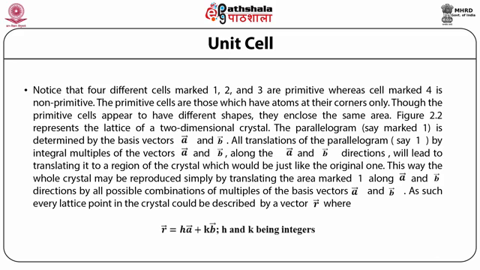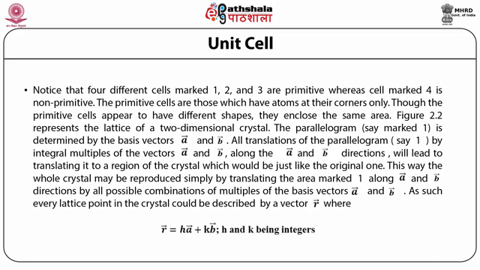This way, the whole crystal may be reproduced simply by translating the area marked 1 along A and B directions by all possible combinations of multiples of the basis vectors A vector and B vector.